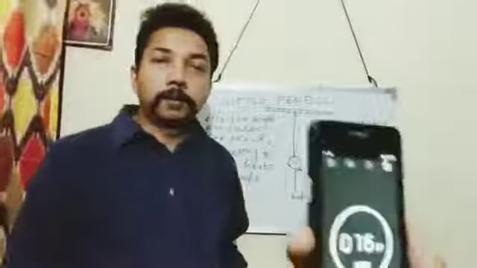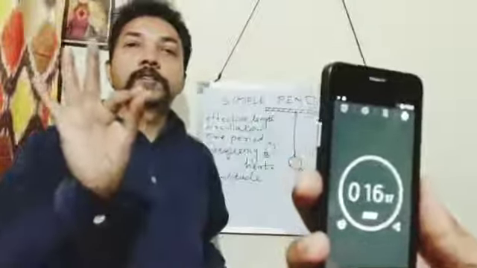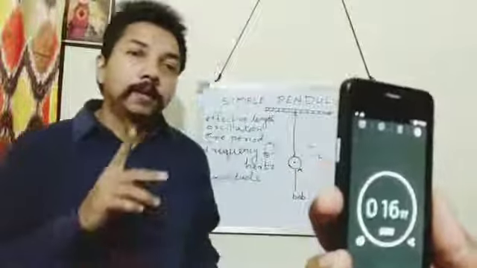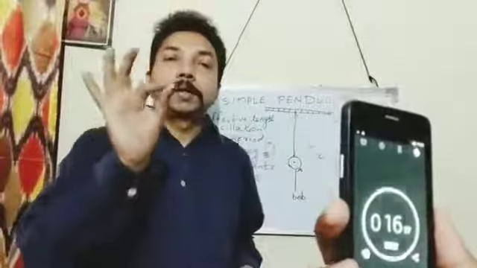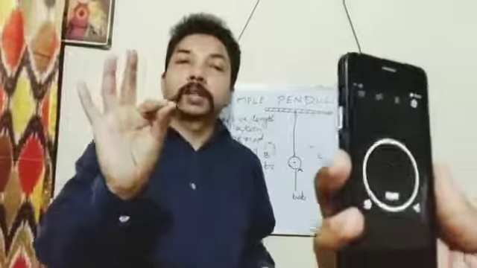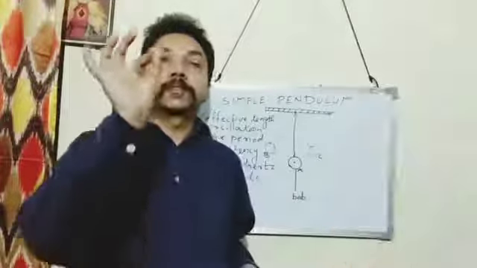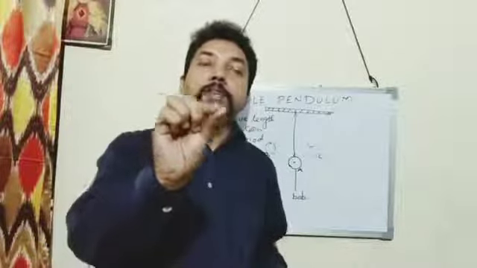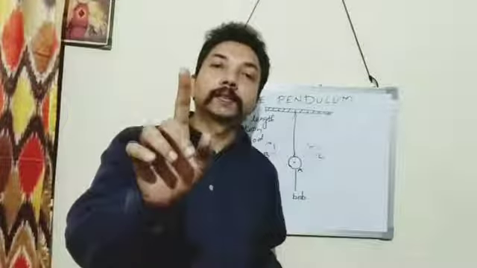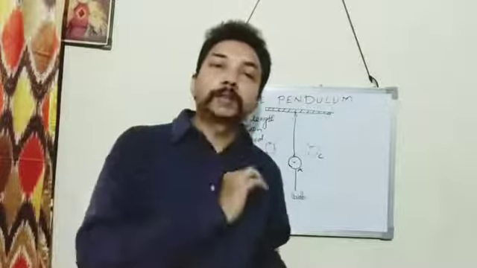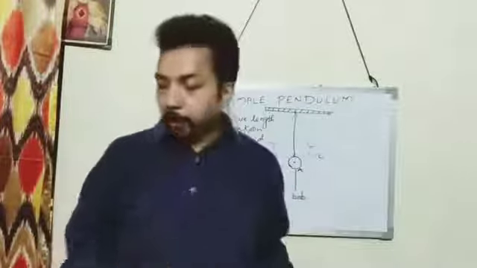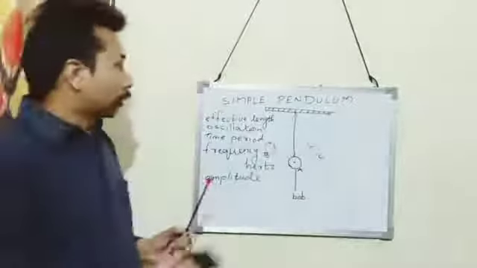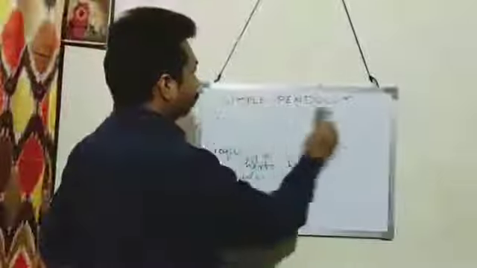Now you can see for 10 oscillations, 16 seconds are taken. So what is the time period? The time period is equal to 16 upon 10, equal to 1.6 seconds. So from this, what do you understand?